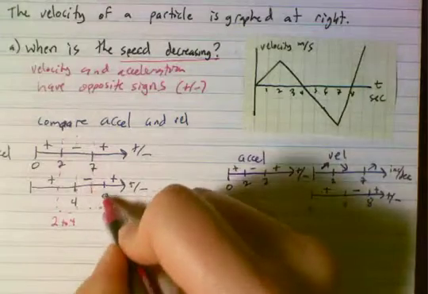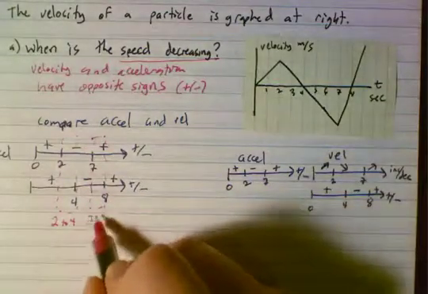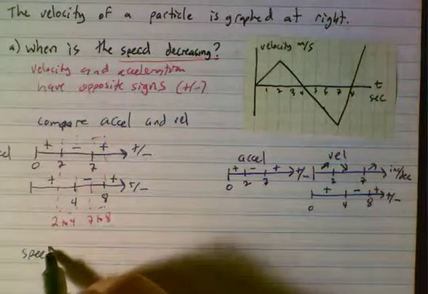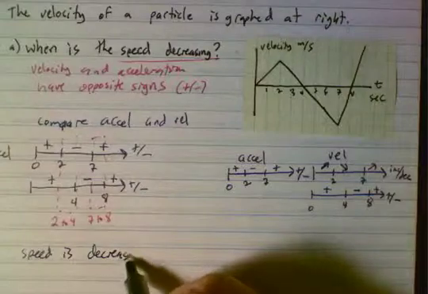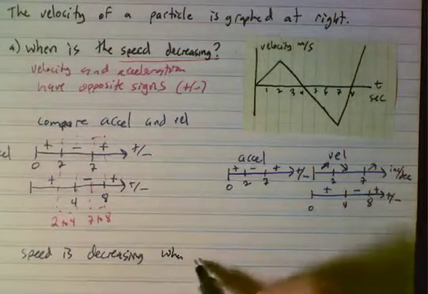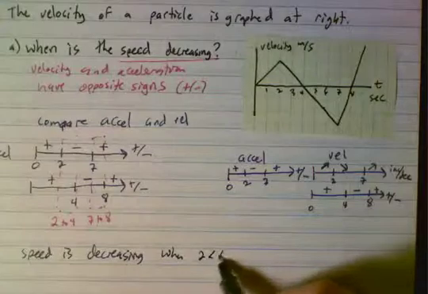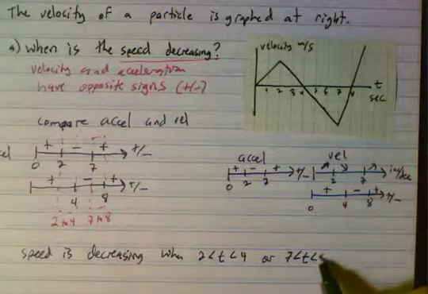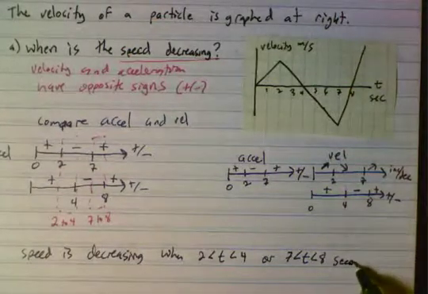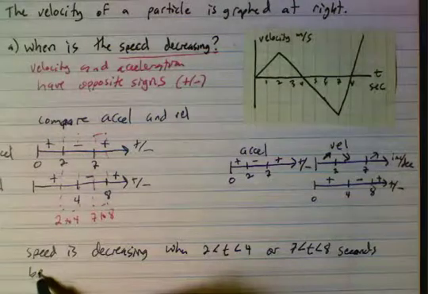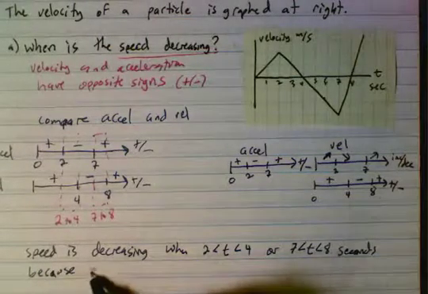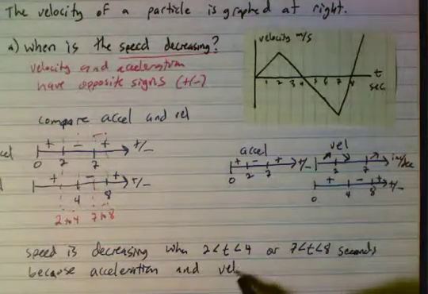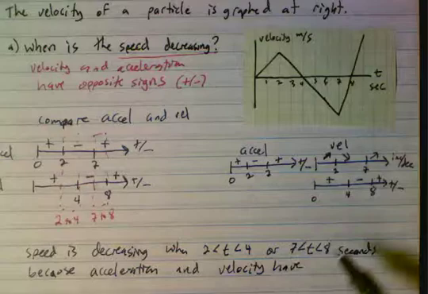Here's a little negative and positive in between 7 and 8. So therefore, speed is decreasing when t is between 2 and 4 or 7 and 8 seconds, because acceleration and velocity have opposite signs.